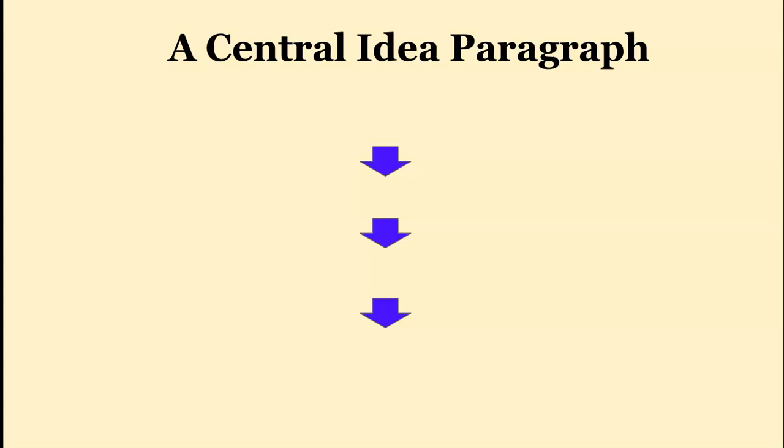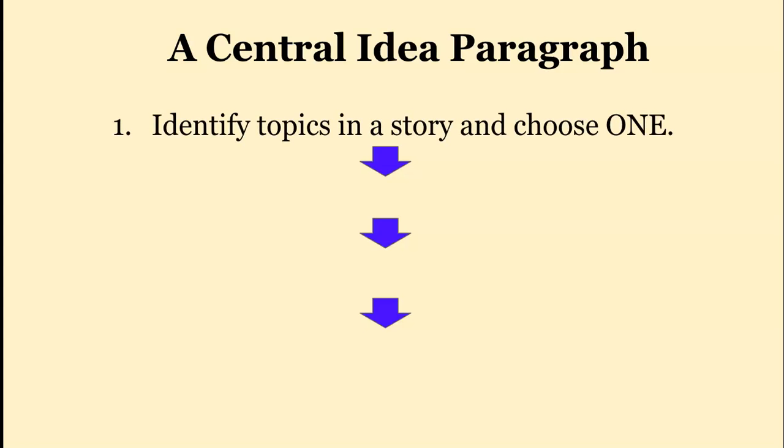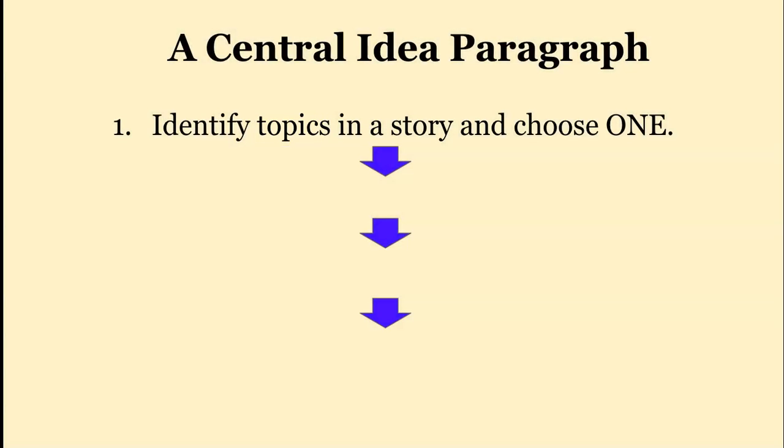So, a central idea paragraph, there are a number of steps to put this all together. Firstly, you identify topics in the story. Remember, a topic is just a general subject, what a story is about. And once you've identified a few topics, you've made some inferences, you've annotated your text, you've chosen some topics, and then you're going to choose just one, or maybe sometimes two.